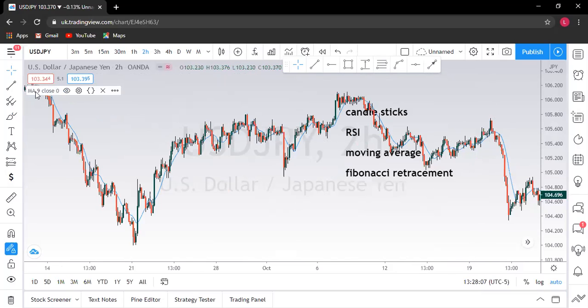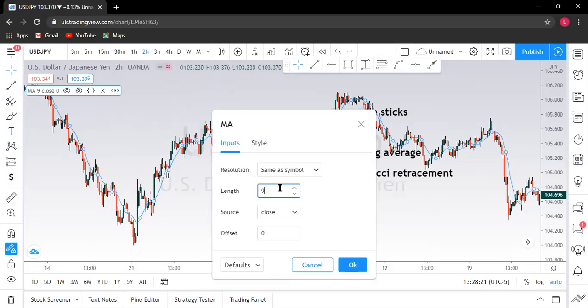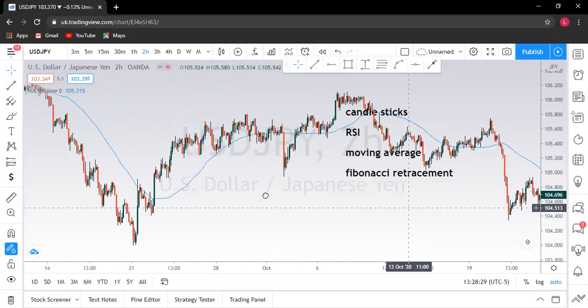So you now come back there. Can you see MA9 close? You now change it back to 50. You change the length. Go to input. You change the length back to 50. Can you see that when you change it back to 50, it's changed?